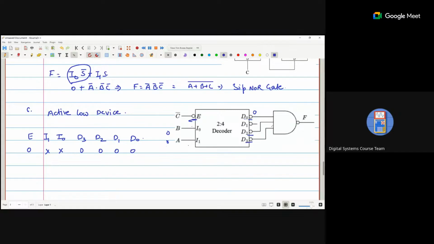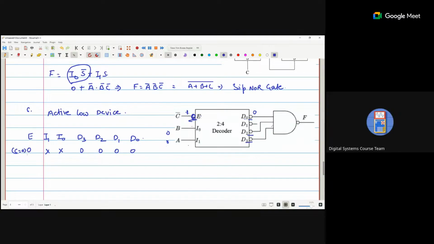Because of this bubble, we apply 1 here; 1 will be inverted by this bubble, so we get enable 0. If C bar is 1, that means C is 0.